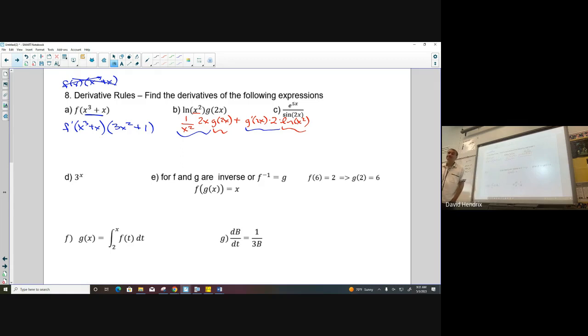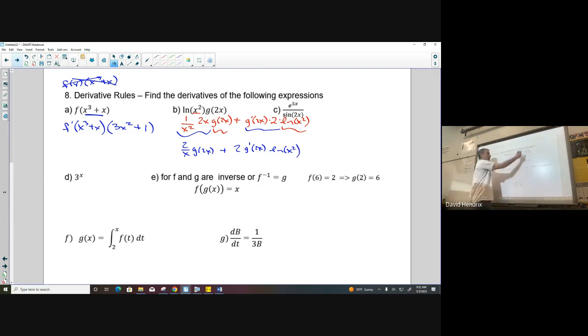Questions over that? And you could simplify this in various ways. It might actually simplify to 2 over x g of 2x plus 2 g prime of 2x natural log of x squared, something like that, or there might be various ways you could do that one.